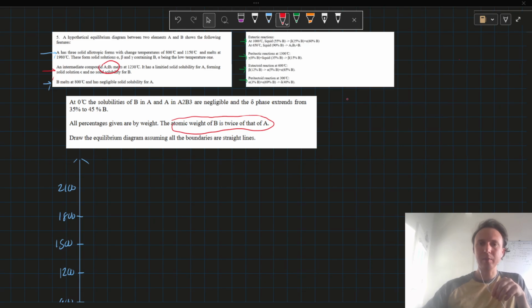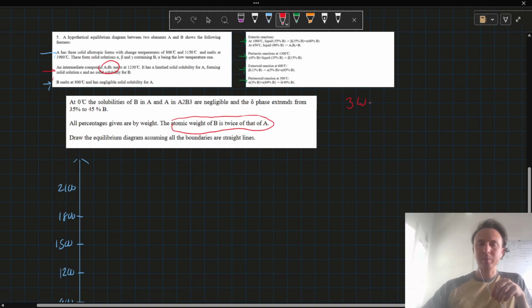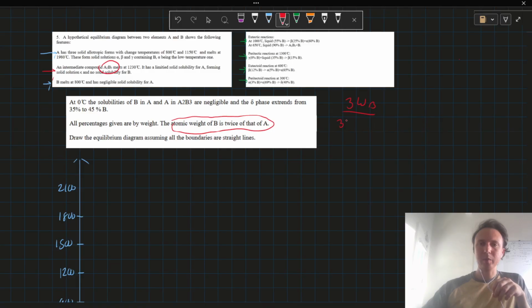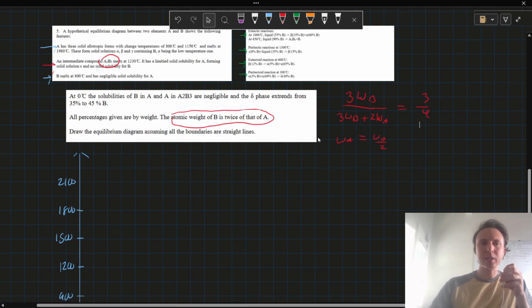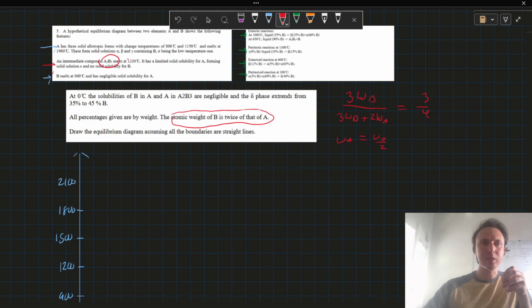So if we have 3 times the weight of B, it'll be that divided by 3 weight B plus 2 weight A. And then the weight of A, sorry, is B over 2. So when you take that all together, it'll end up being 3/4. So we can go ahead and mark that. The other thing we know about this is it melts at 1230 Celsius.